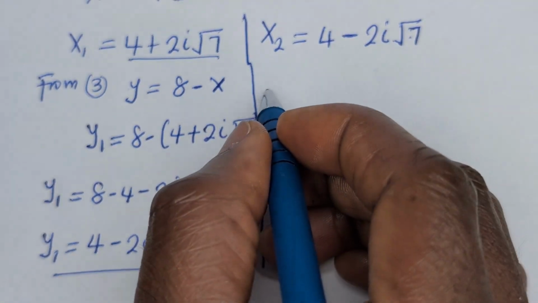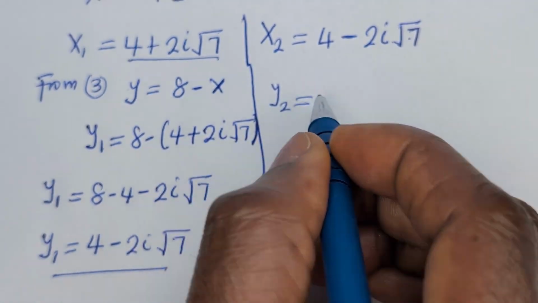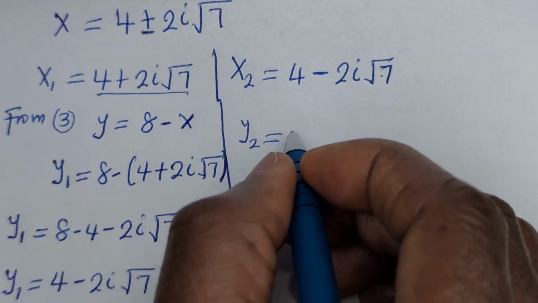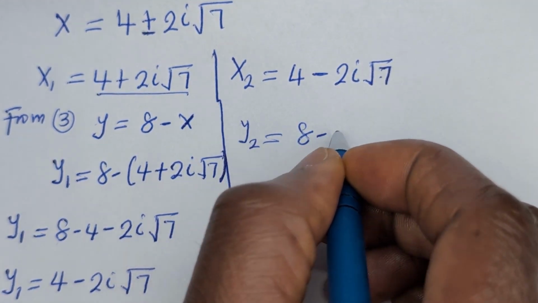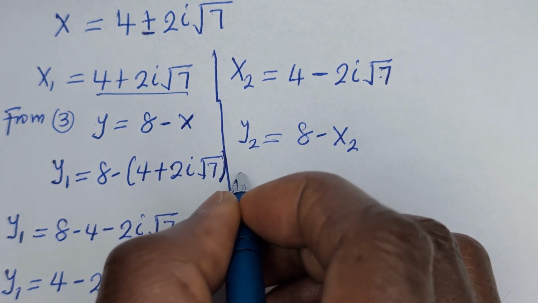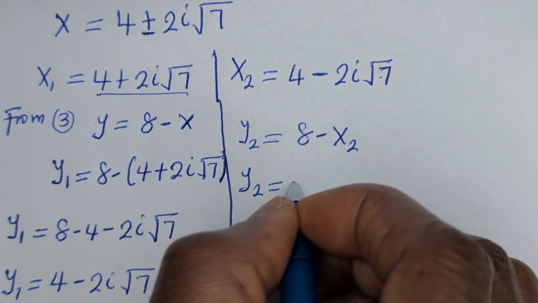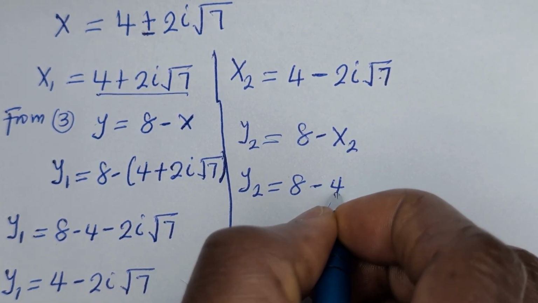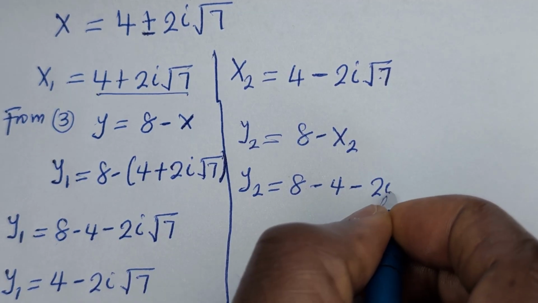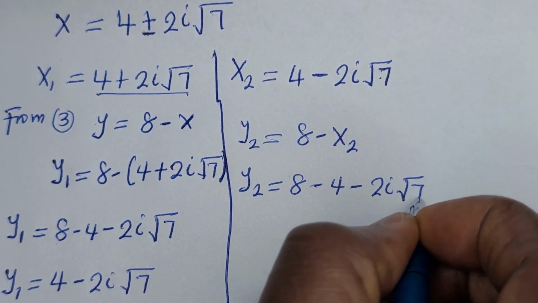Also for y2, y2 is equal to 8 minus s2. y2 is equal to 8 minus 4 minus 2i root 7.